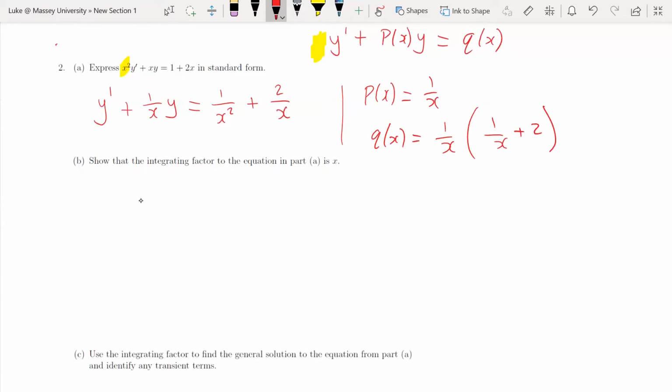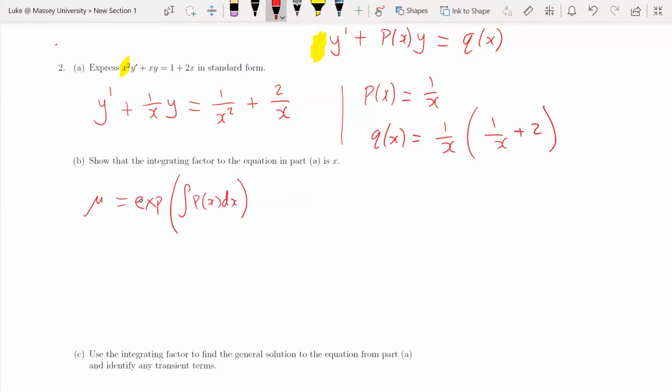Okay, part B is show the integrating factor to the equation in part A is x. So this is a first order linear ODE, so we solve these first order linear equations using an integrating factor. Well, the nice thing is the test told you that in 2019. So the integrating factor, if you recall, was defined as the exponential of the integral of p of x dx.